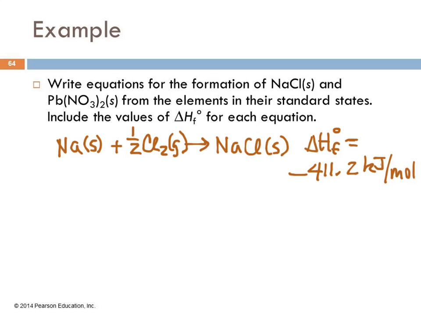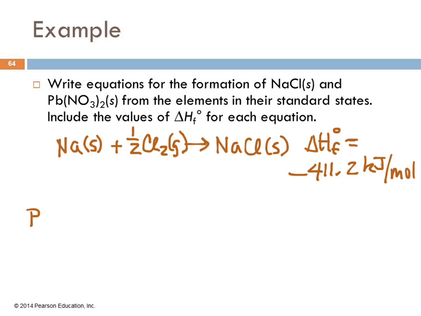So let's do lead nitrate. We're just looking at the elements. These are not reactions that would necessarily happen. We're just describing what things are coming together to make this. Lead nitrate has three elements in it: lead, nitrogen, and oxygen.